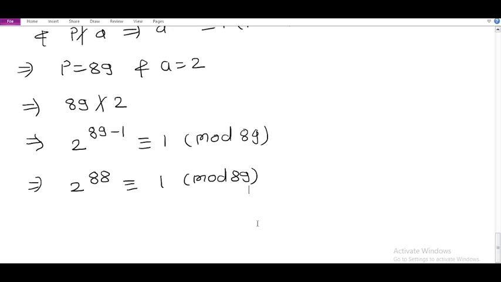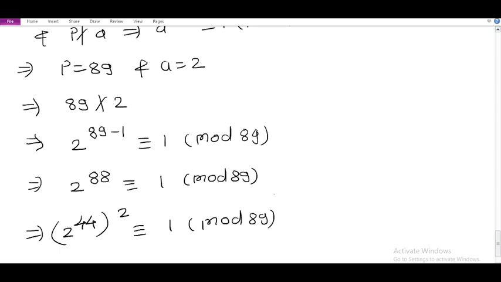So this implies 88 can be written as 2 raised to 44 squared, congruent to 1 modulo 89. So any number that is a square congruent to 1 modulo 89.